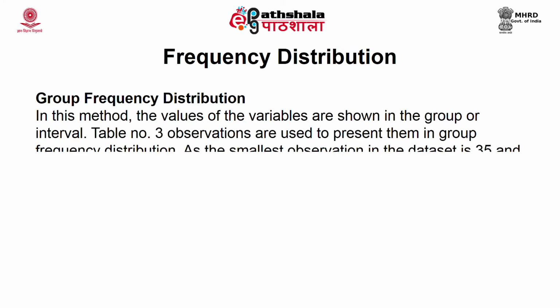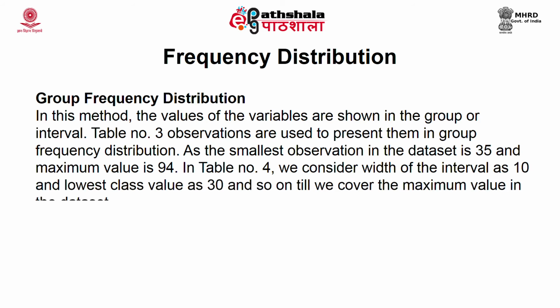Now come to the grouped frequency distribution. In this method, the values of the variables are shown in groups or intervals. In table number 3, observations are used to represent them in grouped frequency distribution, as the smallest observation in the data set is 35 and the maximum value is 94.